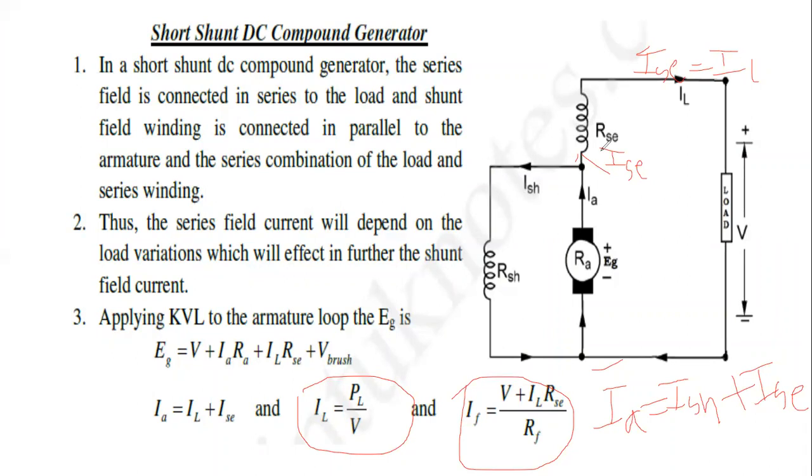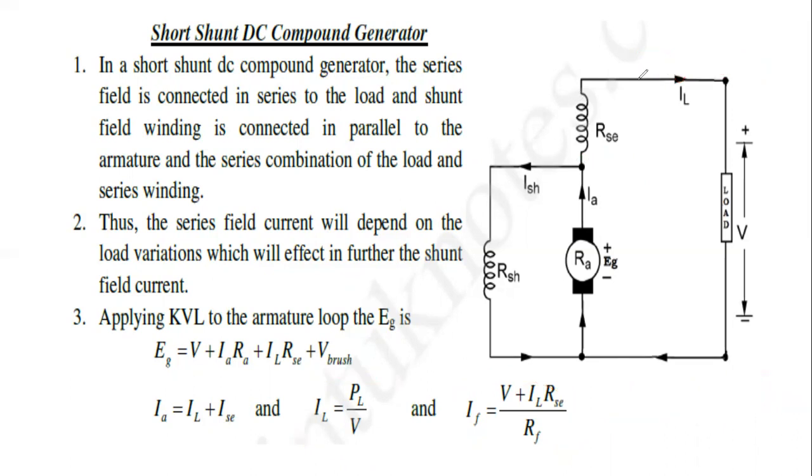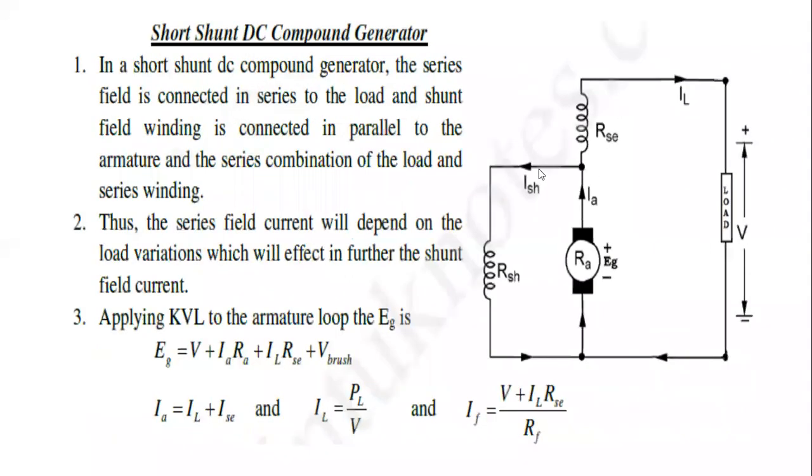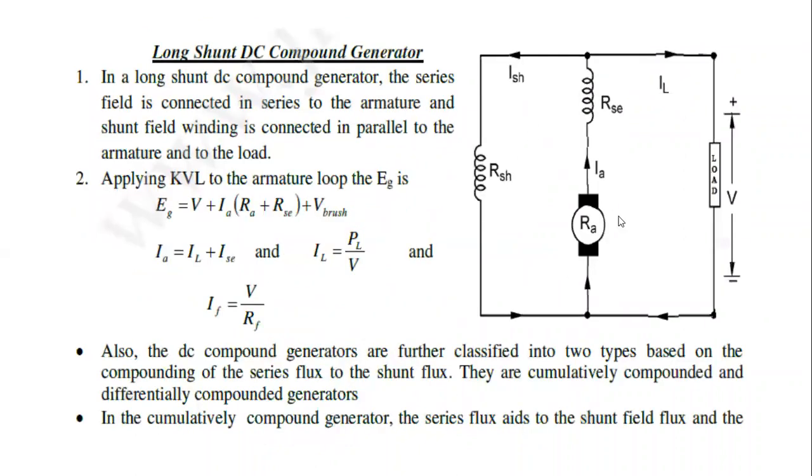Understand? Next, coming to the long shunt compound generator. In the name we have long shunt, which means the parallel winding is connected in parallel to the combination of the series field winding and the armature. Observing both figures, this is the short shunt compound generator and this is the long shunt.